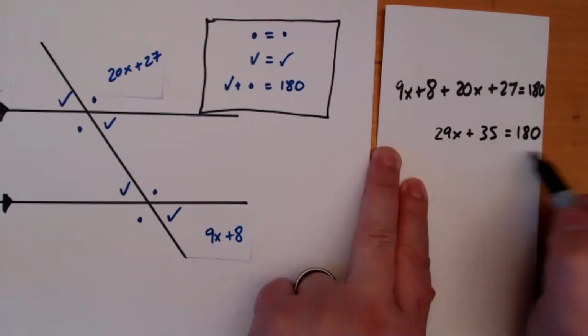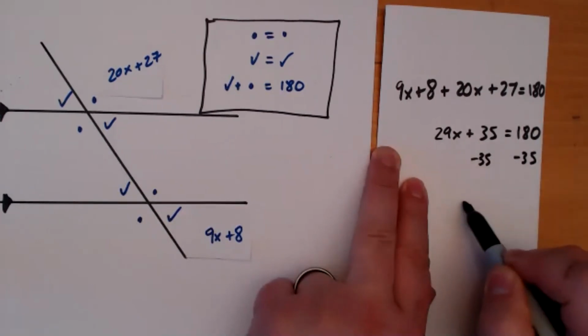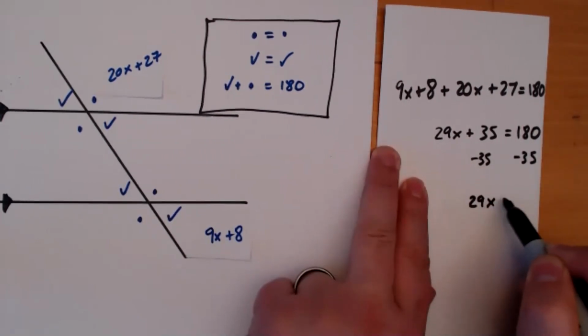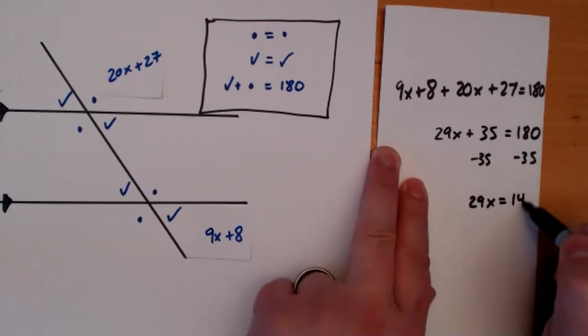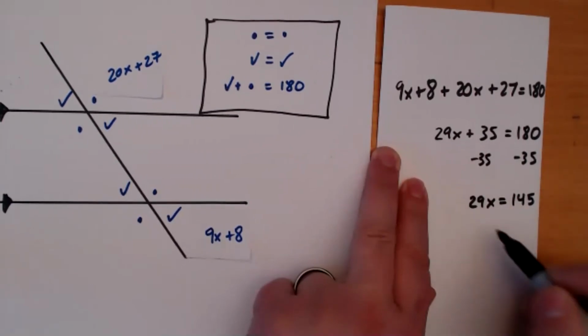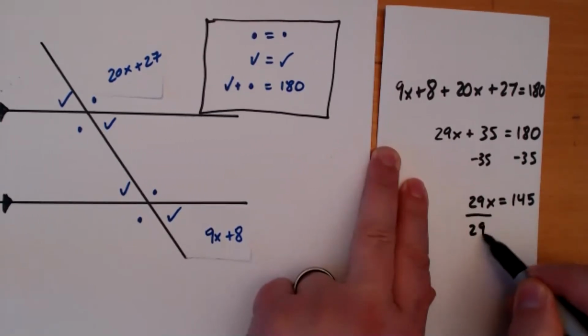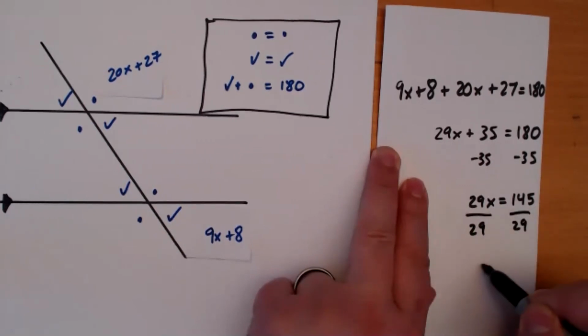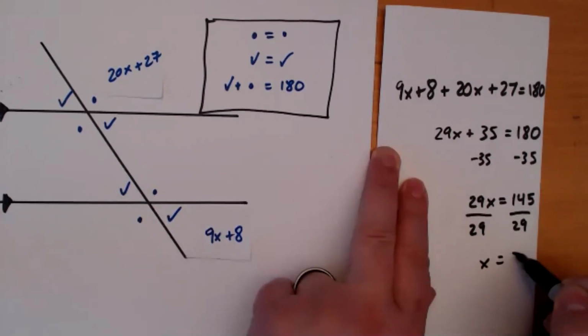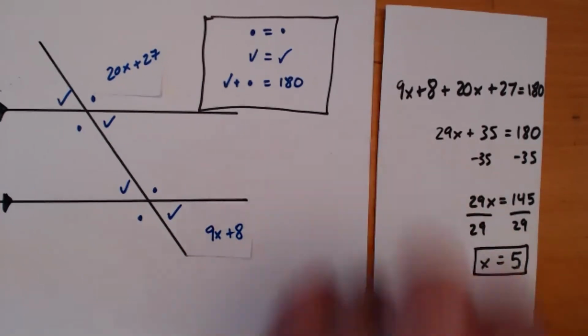And now subtract 35. So 29x equals 145. And then divide by 29. And x is 5.